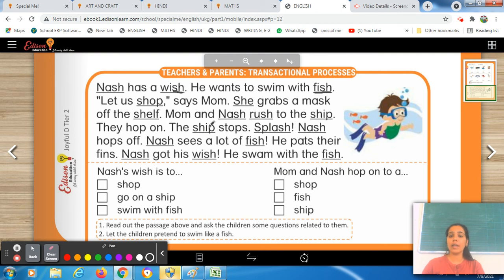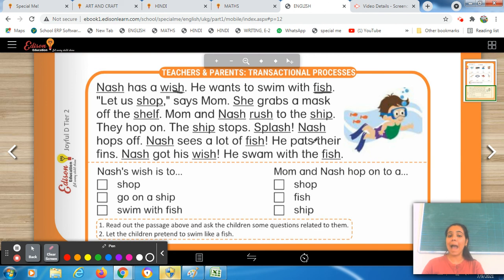The ship stops. So ship क्या हो गई? Ship stops. Splash, Nash hops off. Nash sees a lot of fish. So from the ship, Nash sees lots of fish. उसने क्या देखा? That there are lots of fish.